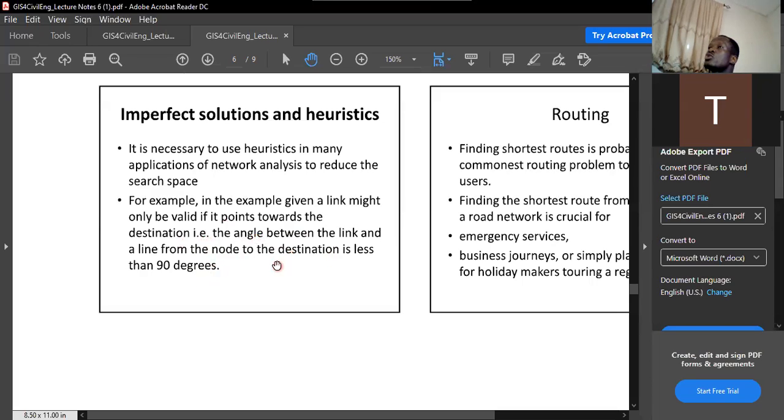Let's assume you are in Accra going to Kumasi and a link points towards Ningo Prampram. You are going in the wrong direction there. So you can tell the program not to look at all those places and check whether they are part of the route. So you reduce the search space.